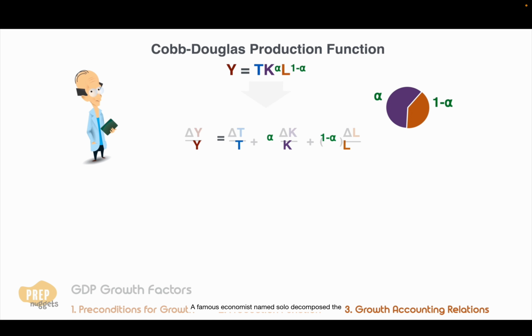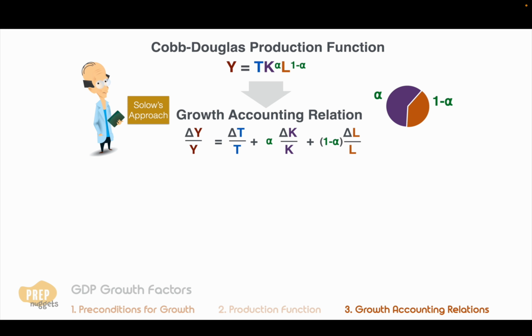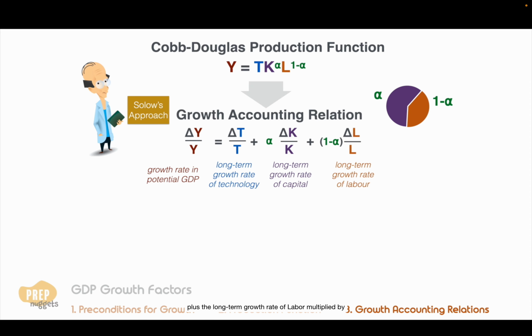A famous economist named Solow decomposed the Cobb-Douglas production function to be expressed in terms of percentage change. We call this the Solow's approach to the growth accounting relation, where the growth rate in potential GDP is equal to the long-term growth rate of technology plus the long-term growth rate of capital multiplied by the share of income paid to capital plus the long-term growth rate of labour multiplied by the share of income paid to labour.